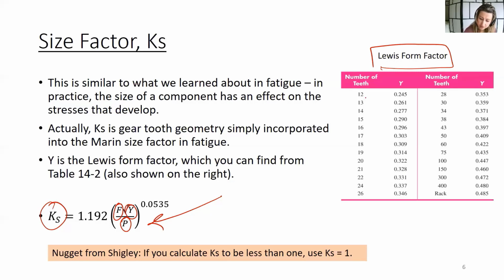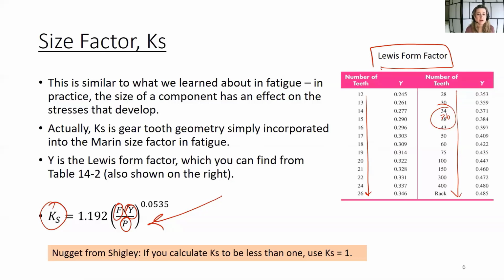You can see that the factor increases as the number of teeth increases. Let's say you have a 36 tooth gear. You can just linearly interpolate between those numbers of teeth to get the correct Y value. It's a curve, but it's close enough to a linear approximation, so we'll just linearly interpolate because you have so many data points.